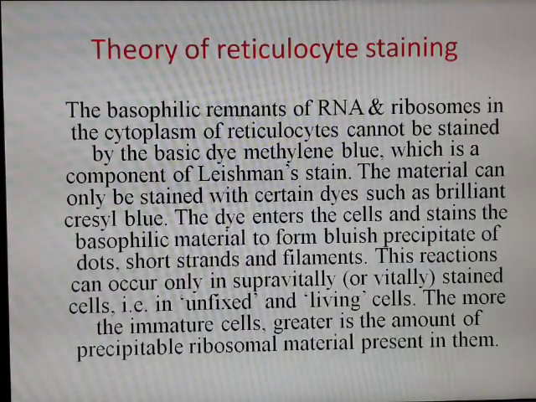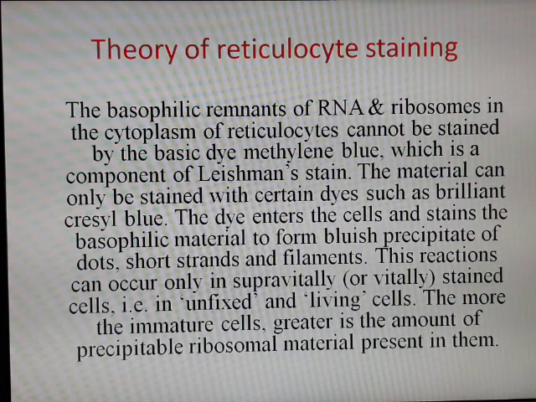Now, theory of reticulocyte staining. The basophilic remnants of ribonucleic acid or RNA and the ribosomes in the cytoplasm of reticulocytes cannot be stained by the basic dye methylene blue, which is a component of Leishman's stain. The material can only be stained with certain dyes such as brilliant cresyl blue or new methylene blue.